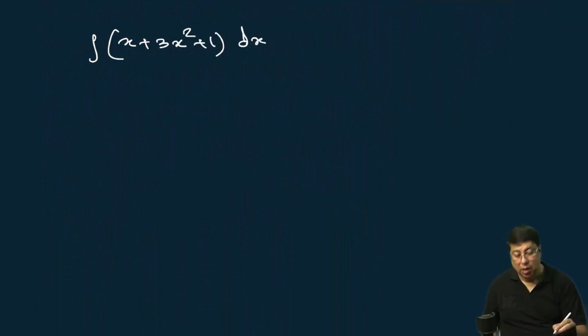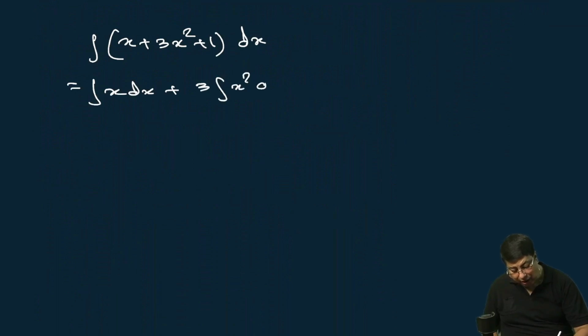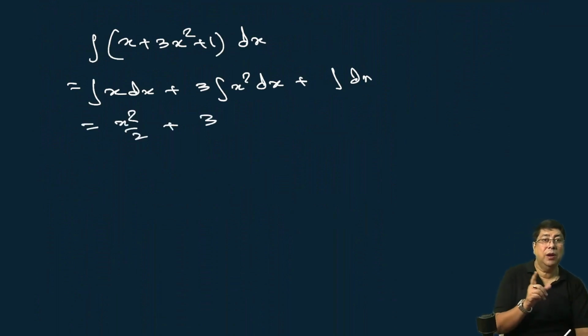Let's go to some examples. For example, integration of x plus 3x square plus 1. If we have to integrate, what will we do? First of all, we'll separate: x dx plus 3x square dx plus dx. x dx is x square by 2, plus 3 times x to the power n plus 1 by n plus 1.